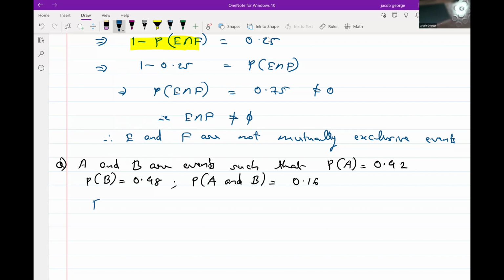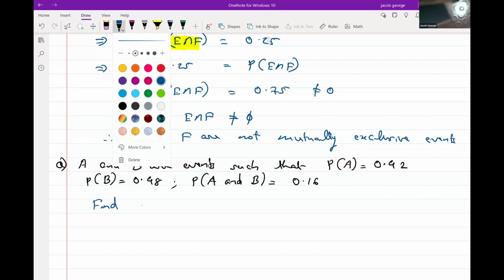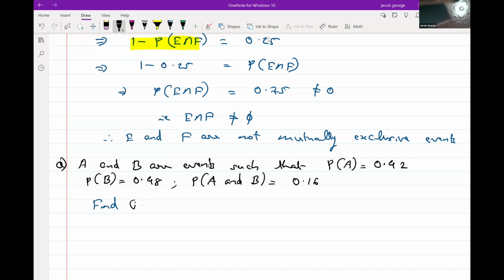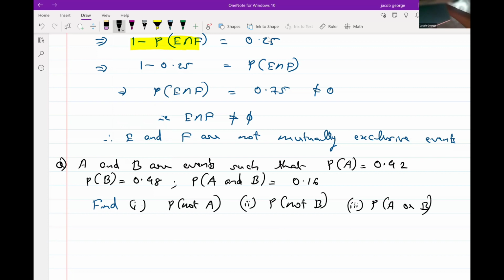Find number one, P of not A. Number two, P of not B. Third subdivision, P of A or B. You can try doing this one as homework.